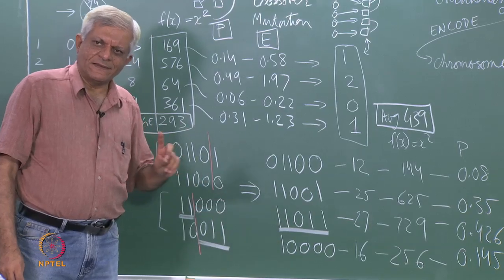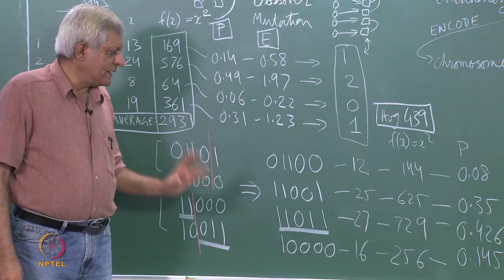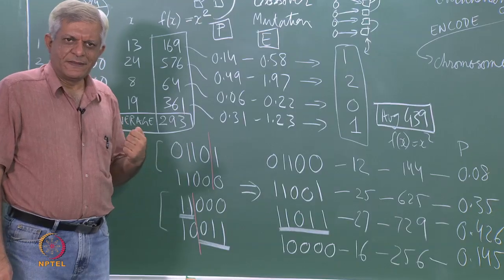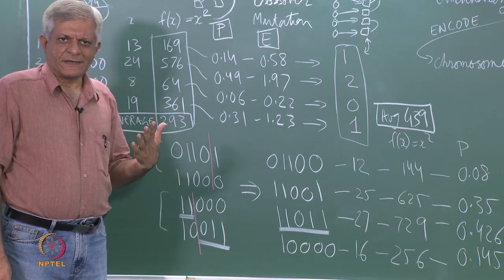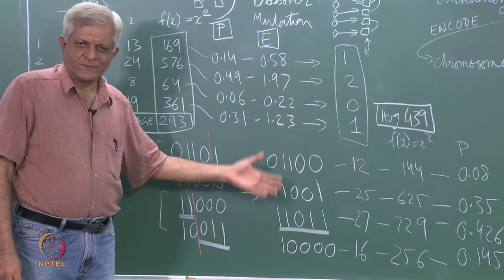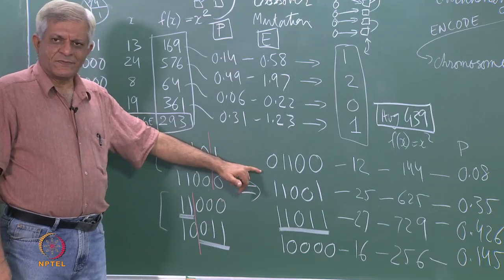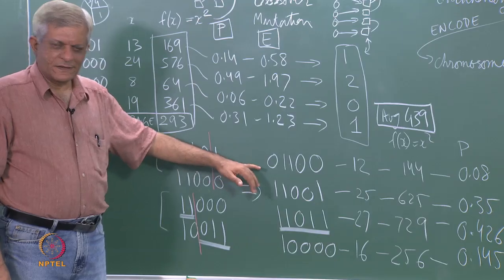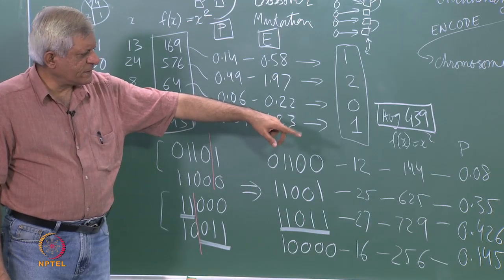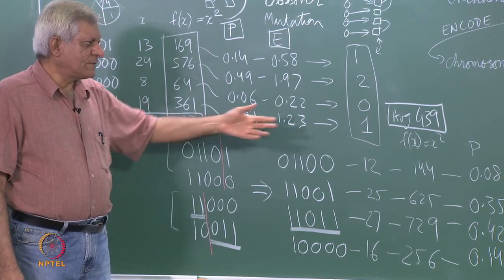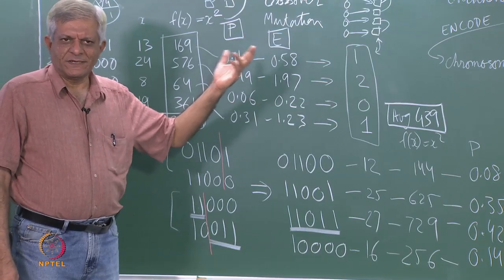So, it is very likely that when I do this random spinning of the roulette wheel and produce 4 new candidates out of 4 copies of some of these, this first candidate is going to be left out. Why? Because its probability is only 0.08, and if I spin it 4 times, my expected value is 0.32 essentially.